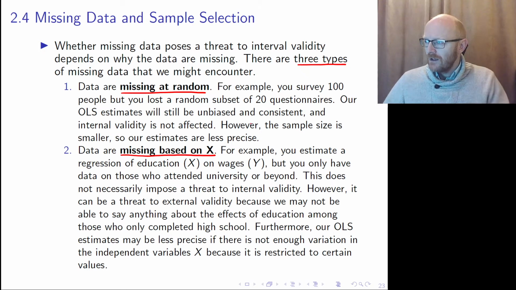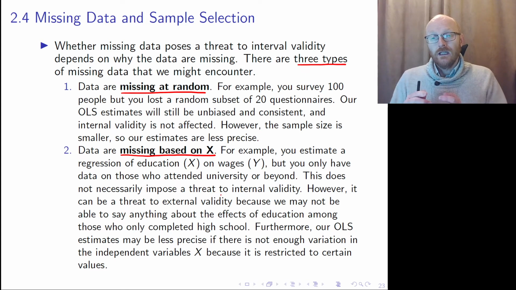For example, you estimate a regression of education x on wages y, and you only have data for those who attended university or beyond. This does not necessarily impose a threat to internal validity, but it might be a threat to external validity.